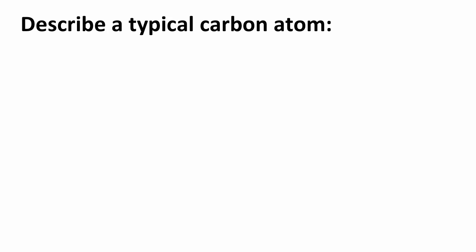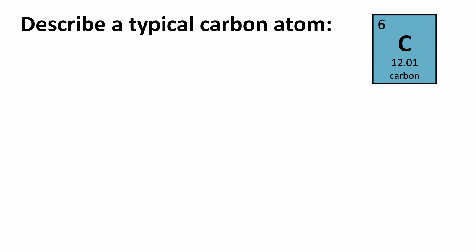Now, how would we describe a typical carbon atom? Well, using the things we've talked about just a moment ago, carbon has an atomic number of 6, an atomic mass of 12.01. We can write a symbol of a typical carbon atom as C-12, showing it this way. It's going to have 6 protons and 6 electrons because its atomic number is 6.